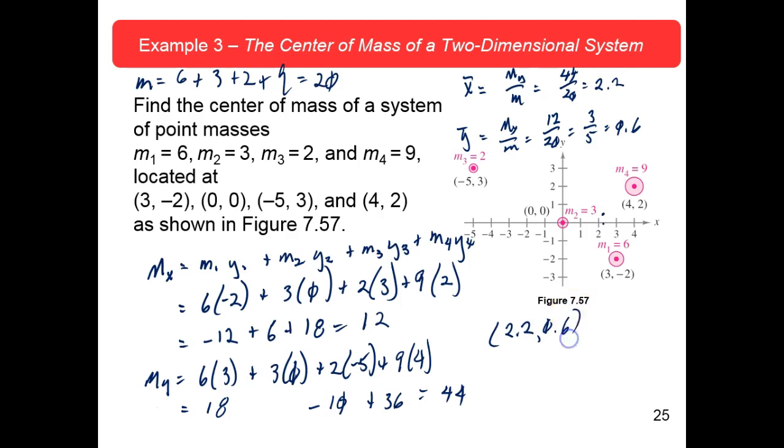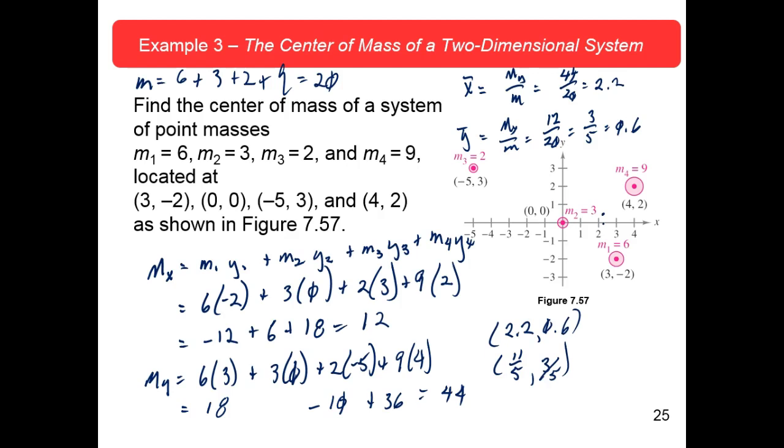So the Y value would be? Your Y bar is, they did 11/5, 3/5, which is the same thing. Why, I'm not sure, but either way will be fine. 11/5 and 3/5.